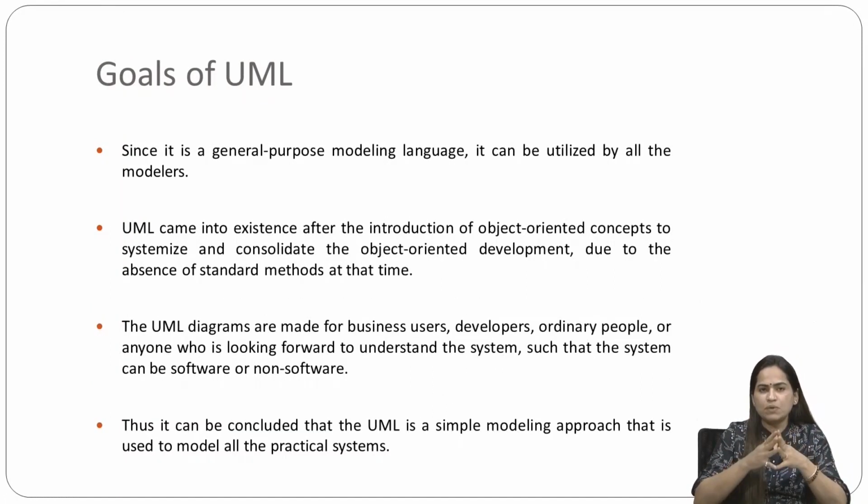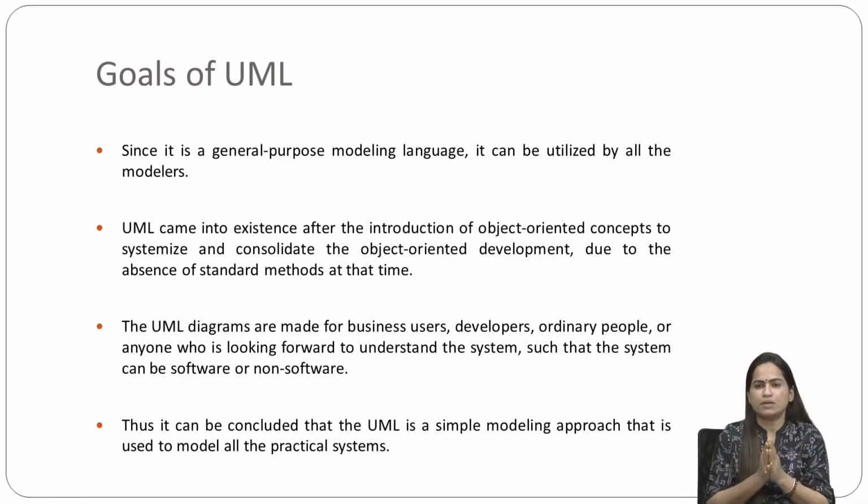Now let us move on to goals of UML. What are the different goals? Since it is a general purpose modeling language, it can be utilized by all the modelers. It is a general purpose modeling language, meaning it is not made for one specific thing.